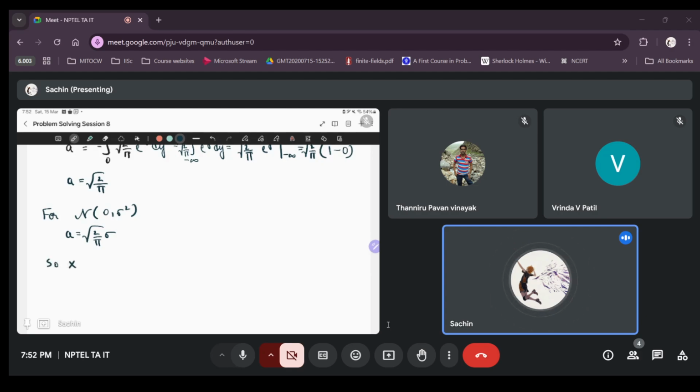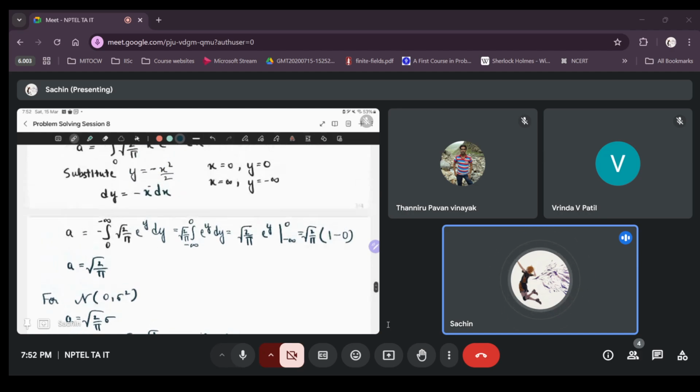So x hat of x is square root of 2 over pi sigma if x is greater than or equal to 0, and minus root of 2 over pi sigma if x is less than 0. In our case, sigma is 1, so we get root of 2 over pi if x is greater than or equal to 0, and minus root of 2 over pi if x is less than 0.